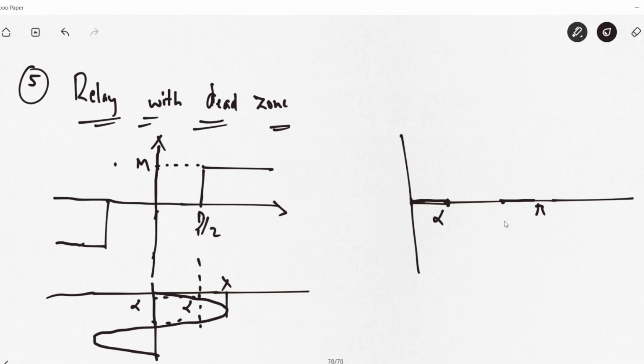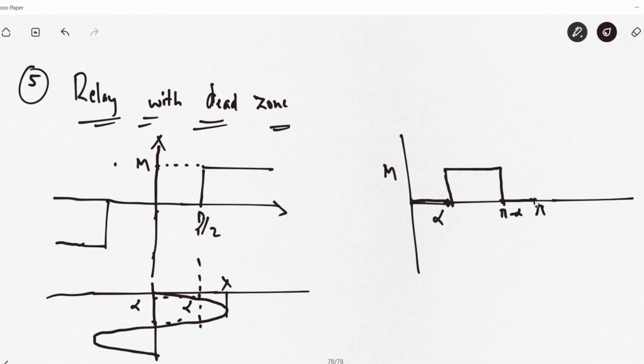So between alpha and pi minus alpha, our output is saturated because of the relay operation. That means we'll simply have an output like this with a magnitude of M.